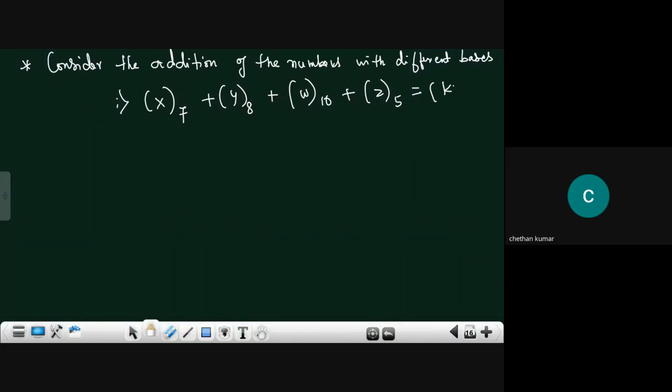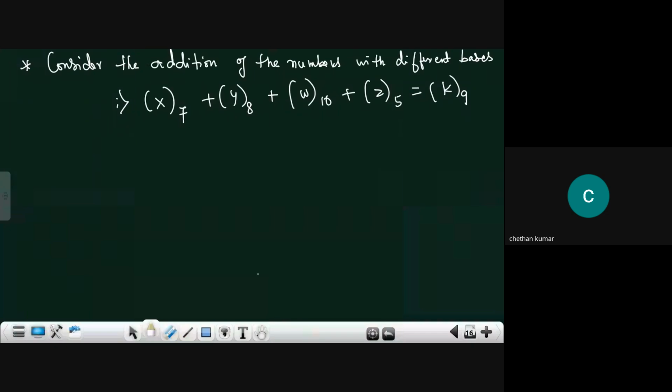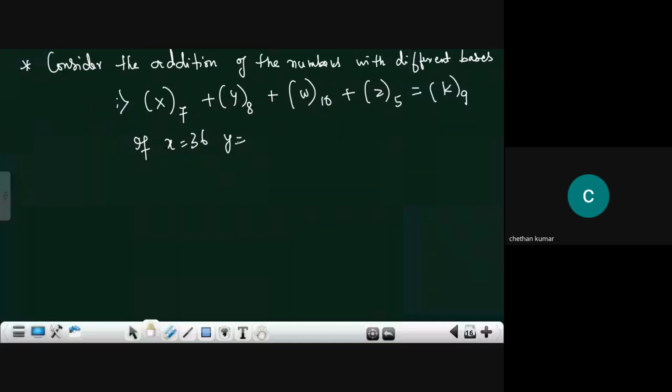K of 9. So what is the value of x given? X is equal to 36, y is equal to 67, w is equal to 98.